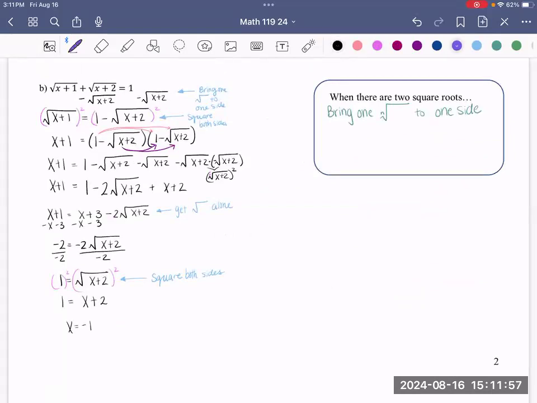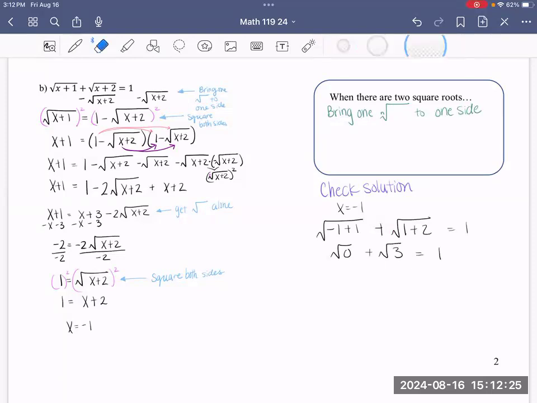So check solution. Making sure that our habits are really strong, seeing if this one is extraneous. So we have negative 1 plus 1 plus the square root of negative 1 plus 2 is equal to 1. So now we have the square root of 0 plus the square root of 1, which is equal to 1.